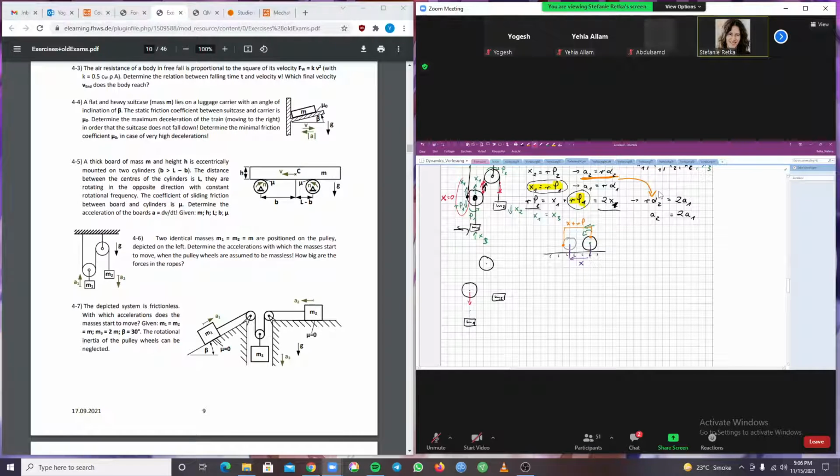Okay, but first, the rope we have is this one right here, the connection between mass M1 and the first pulley. Then we have the tension here. Then we have to cut through the rope on this side. And as I just said, the tension is of same size here and then here.